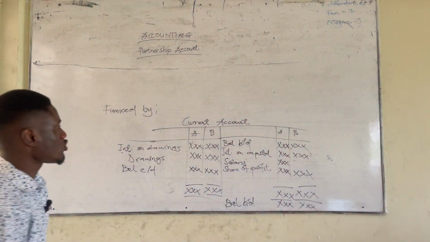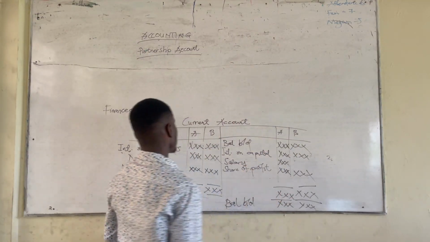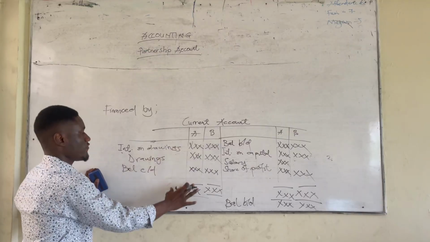There can be a case also where we will get the credit side of A to be bigger than the debit side of A. Good.